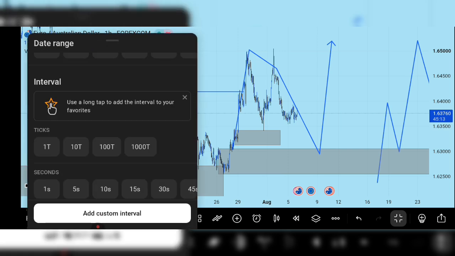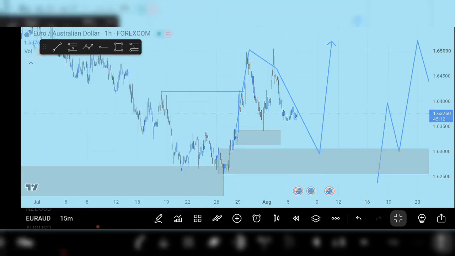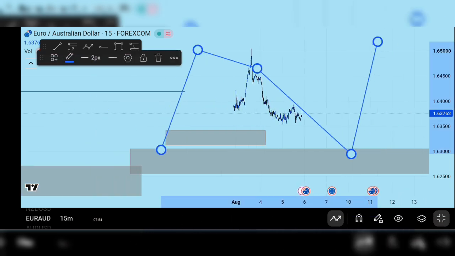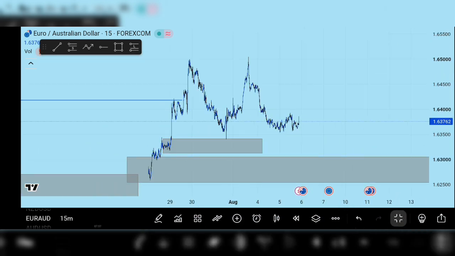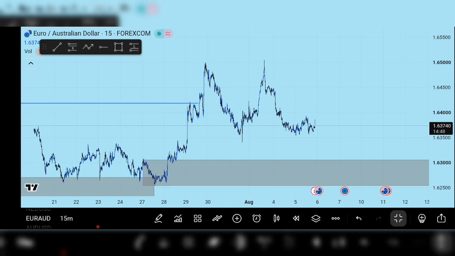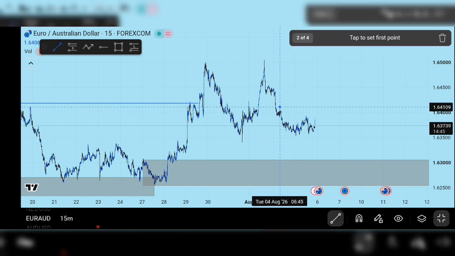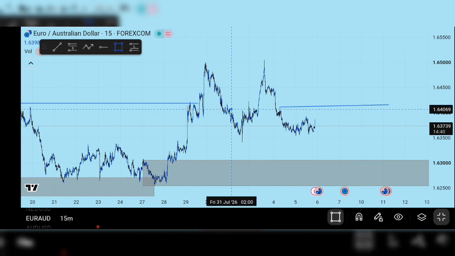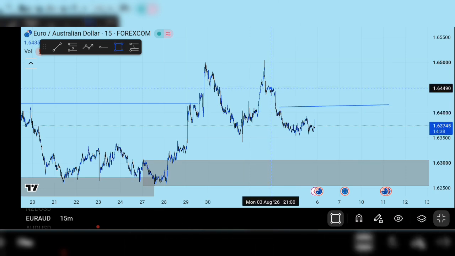Now if you go to your 15 minutes time frame, for us to take a sell from this zone, this is where to take this particular sell from. Let me clean this. Now for you to take a sell from this particular origin to this demand area, you have to use this zone as your draw on liquidity, because it hasn't been mitigated, and then use this zone as your order block.